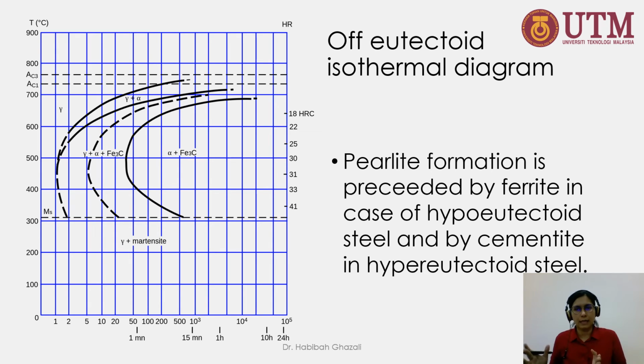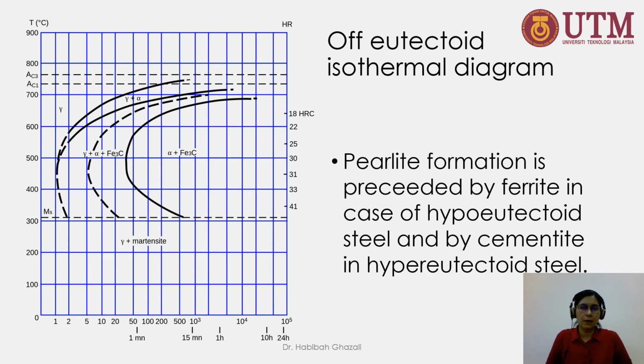So you can use that TTT diagram to design the procedure of your heat treatment. However, if you have a different composition, let's say hypoeutectoid or hypereutectoid, it will look different. But don't worry, if you work in a field where you have to conduct heat treatment, you can easily find a database for these different compositions of steel.